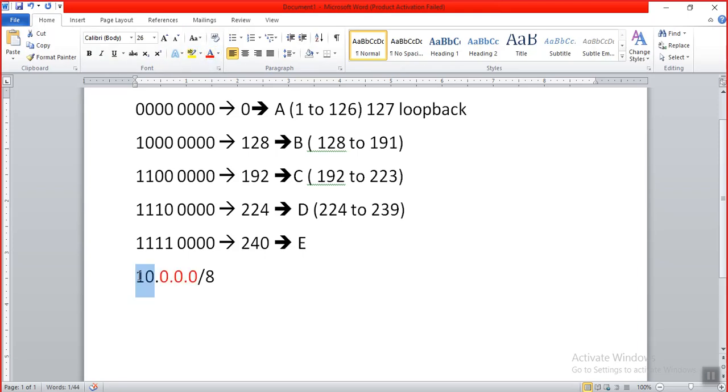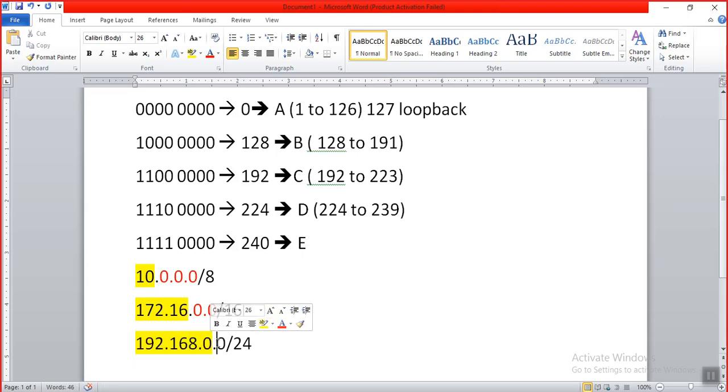In class B, 172.16.0.0/16, 16 means the first two are network, and the last two are host. In class C, 192.168.0.0/24, this time 24 means the first three are network, and only this last one is host. This is from class A, this is from class B and this from class C.